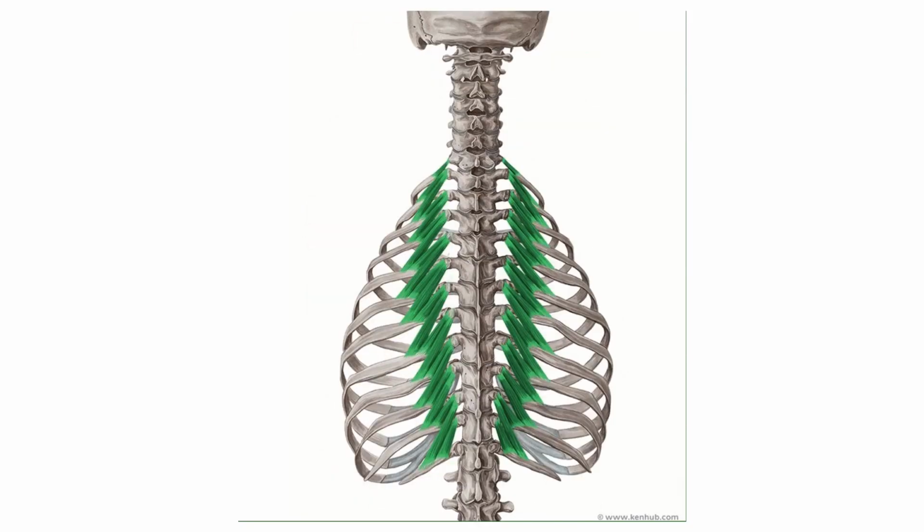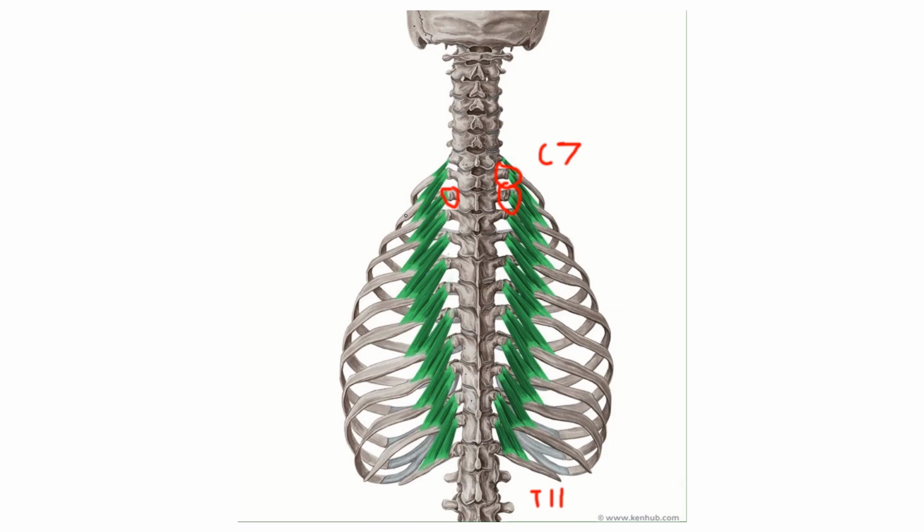The next muscle which we are going to talk about is levator costarum. The levator costarum muscle arises from transverse processes of C7 to T11 vertebrae. As you can see here, these are the transverse processes of these vertebrae. Now, talking about its insertion, the levator costarum muscle attaches to the subjacent rib between the tubercle and the angle.